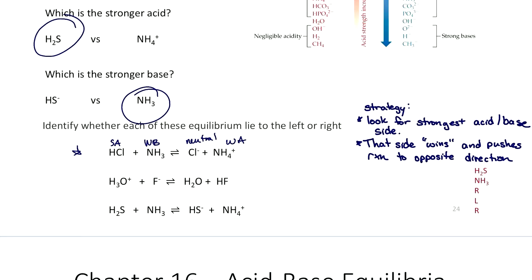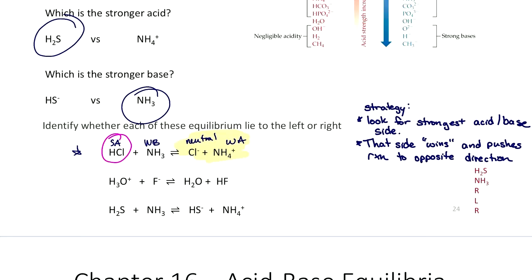So here, HCl is the strongest component. It's going to push the reaction in the forward direction. So in this example, the product side is most dominant at equilibrium, right? Whatever your strongest component is pushes the reaction to the other side. And so in this case, HCl is the strongest acid.